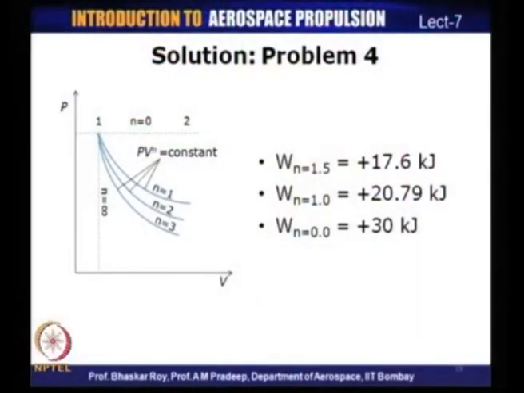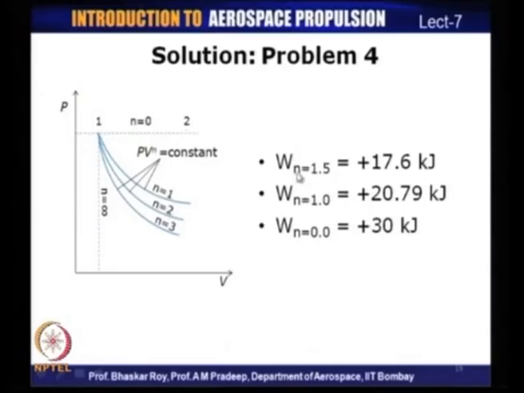I will bring that slide here once again, the PV diagram for different polytropic processes. In this PV diagram, you can see as you keep decreasing n, n equal to 3, n equal to 1 and so on, the area under the curve between 1 and 2 will increase.